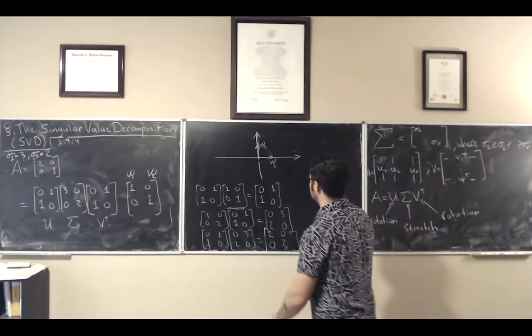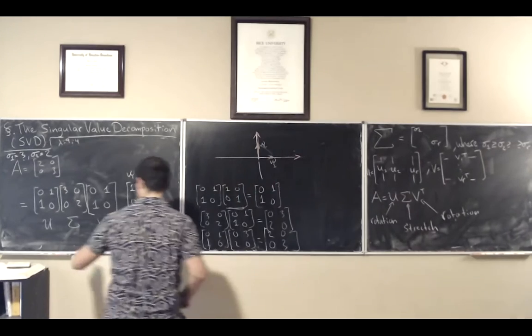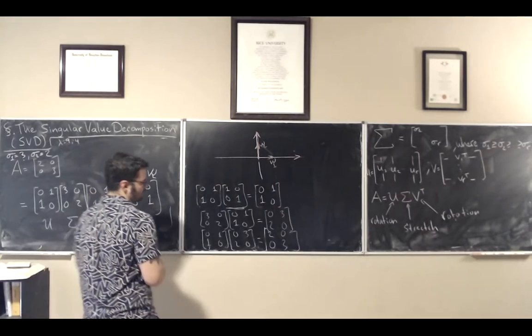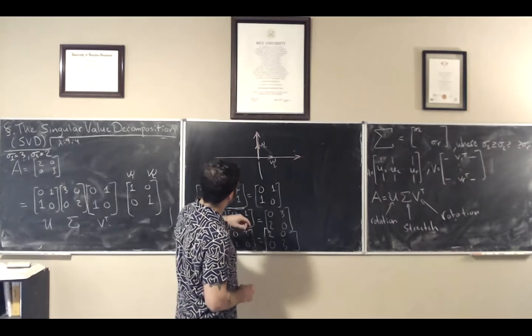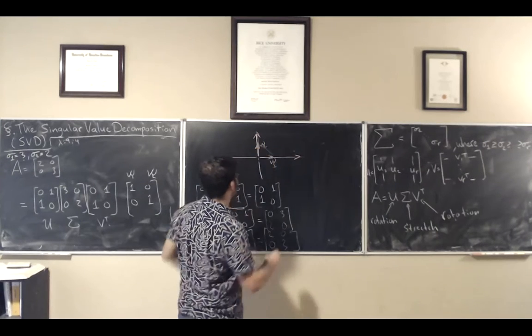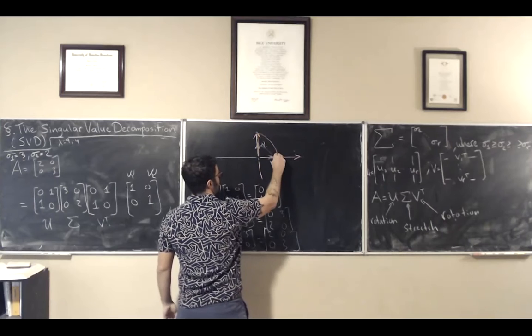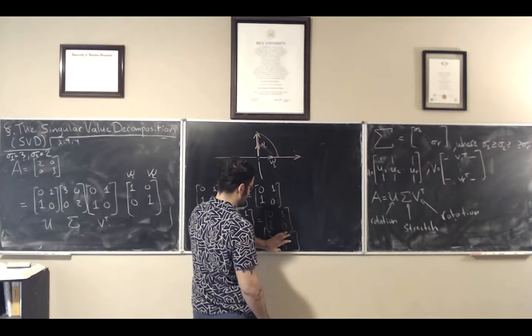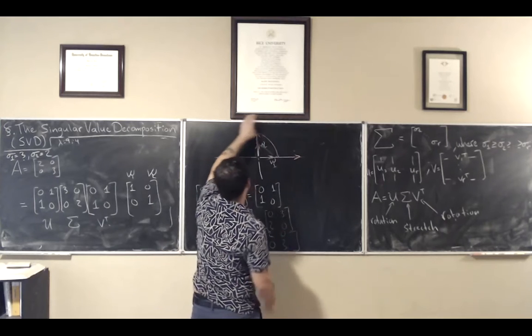So now, where did W1 get sent back to? W1 is here, and now it's there. So it rotated it back down here, and W2 is now at 0, 3, rotated up there.